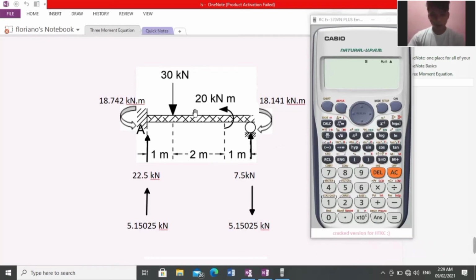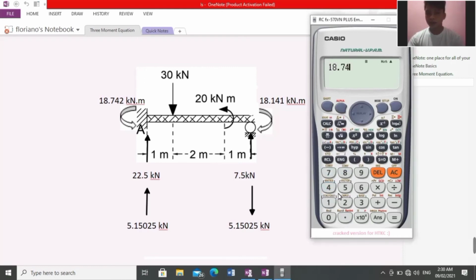So, dito meron tayong dalawang counterclockwise at meron isang clockwise. So, mas marami yung counterclockwise ko. So, ima-minus na lang natin yung clockwise.